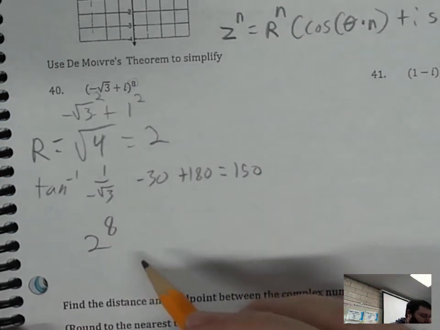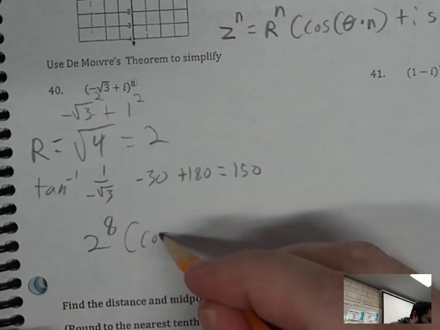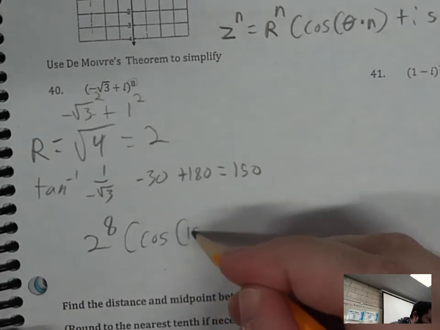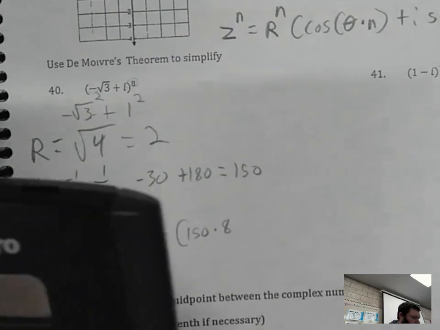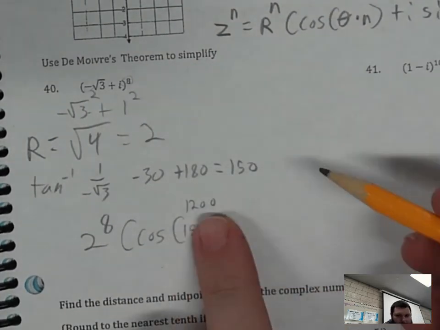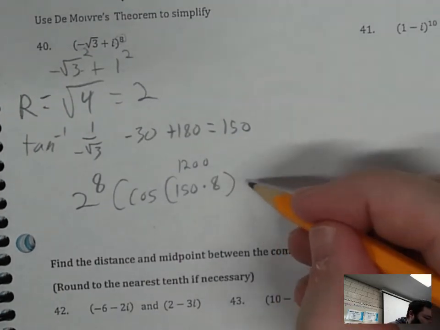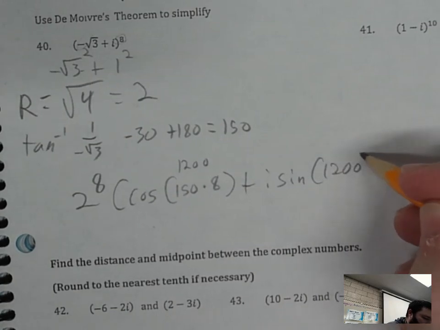So 2 to the 8th power times cosine of 150 times 8. 150 times 8 is 1200. So I could put 1200. In fact, I will put 1200 when I put it in my calculator. Okay? Plus the i sine of 1200.